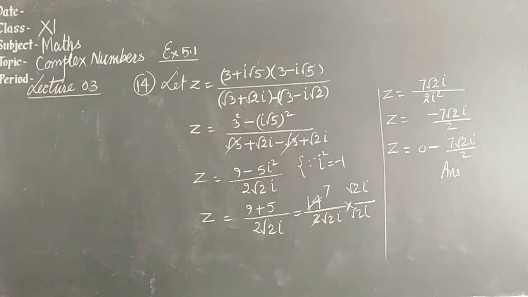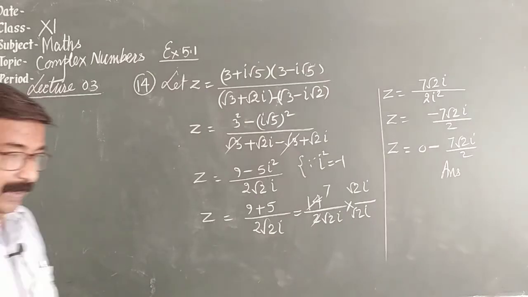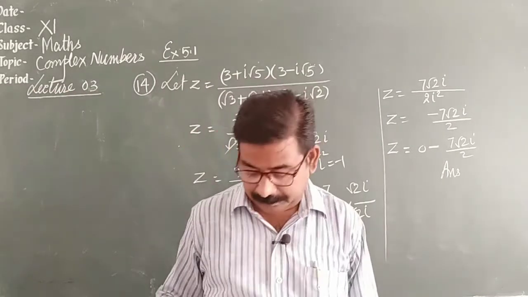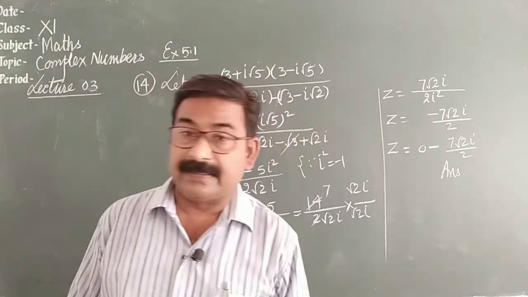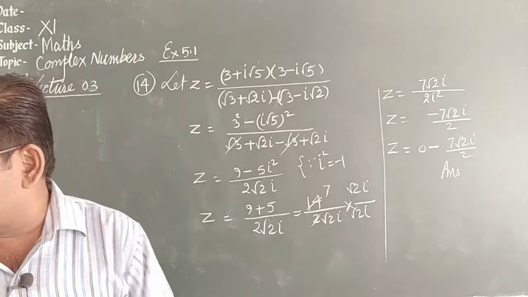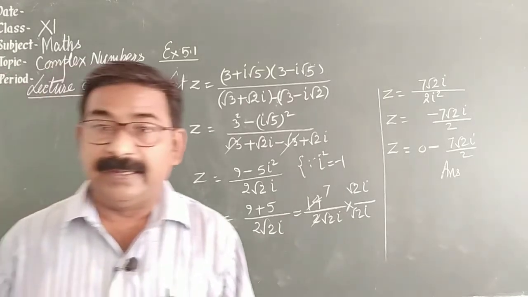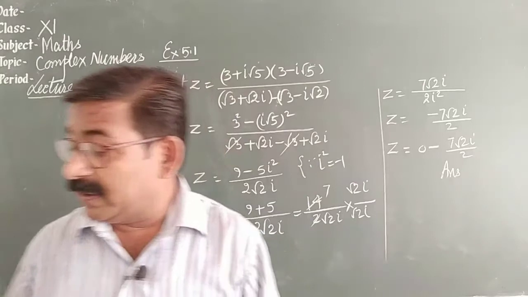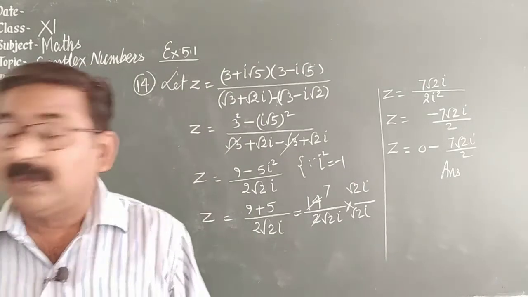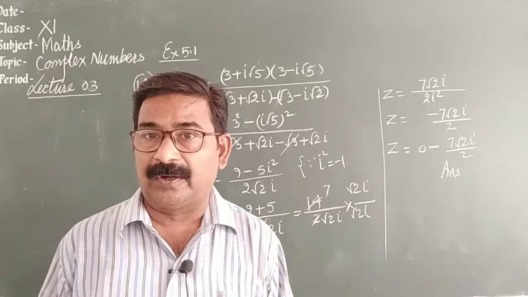Now, yesterday I told you about the Argand plane and argument and modulus. Now in this exercise 5.2, questions number 3 to 8 are not in the syllabus now. In questions 3 to 8, we have to convert the complex number into polar form.